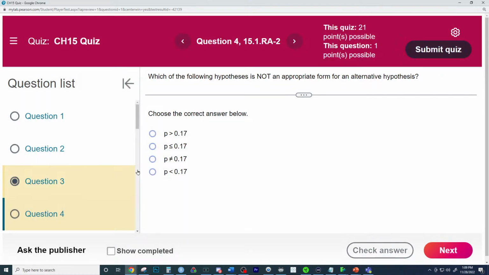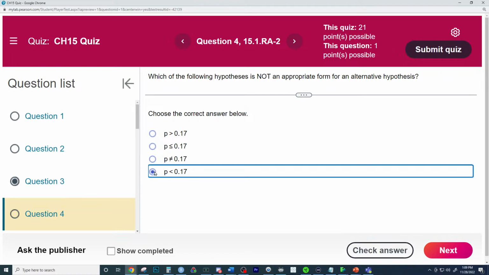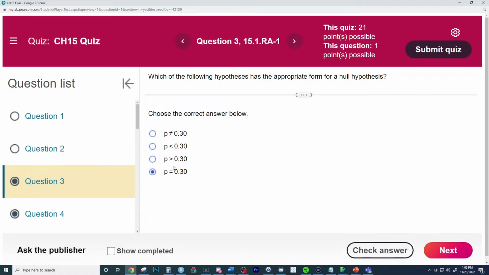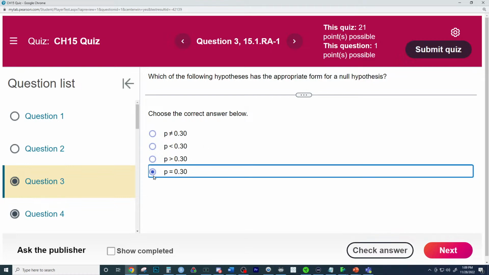Is there one about which of the following is not an appropriate form for an alternative? Oh, I see what they did right here. So the alternative can be less than, greater than, or not equal to. So that one was what is the correct form of the null, and I got lucky even though I misread it. It's the equal sign.